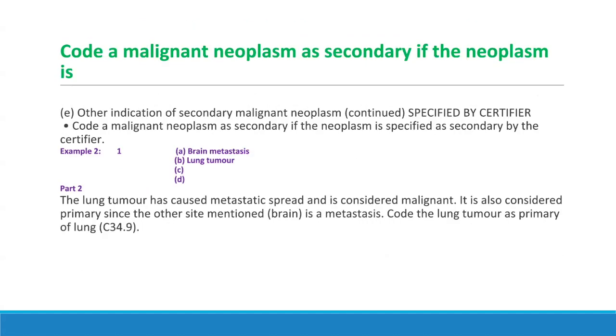This slide provides guidance on coding malignant neoplasms specified by a certifier as secondary. Using an example where a lung tumor has metastasized to the brain, the lung tumor should be coded as the primary site of malignancy, C34.9, while the brain is considered a secondary site due to the metastatic spread.